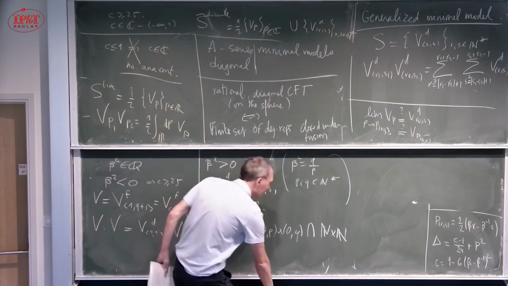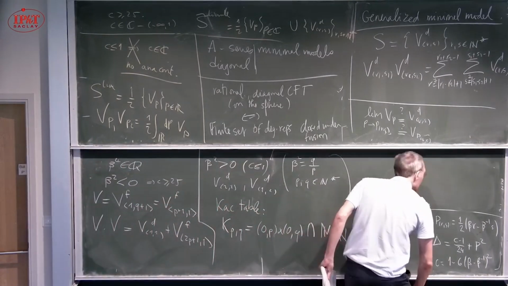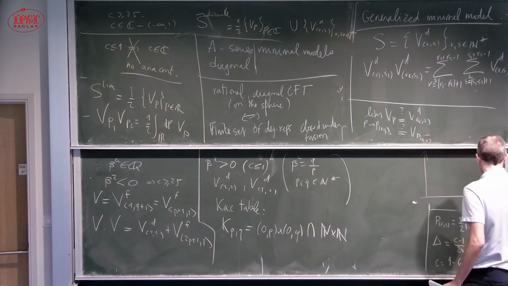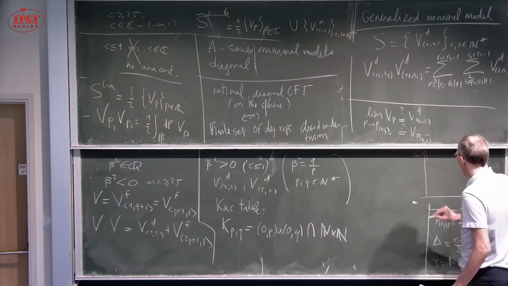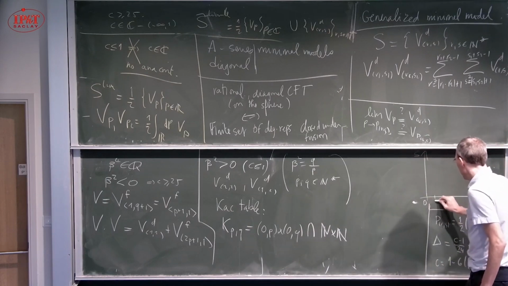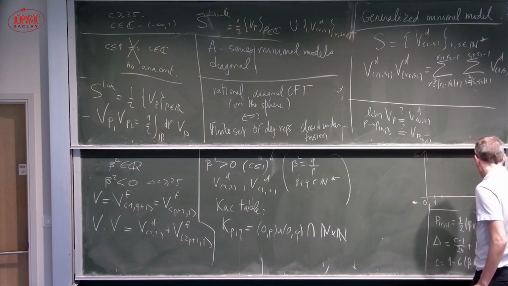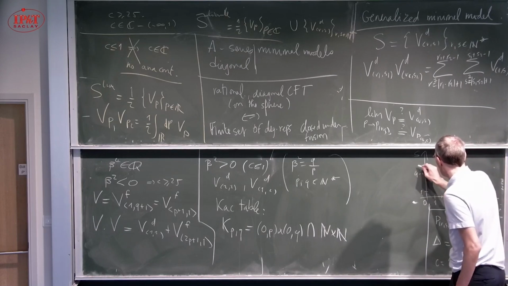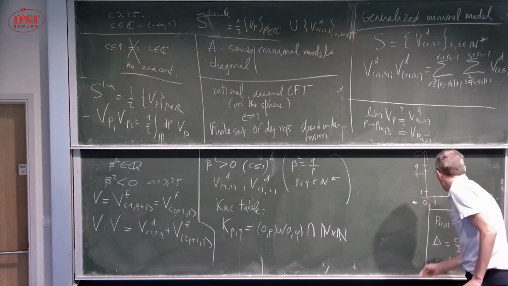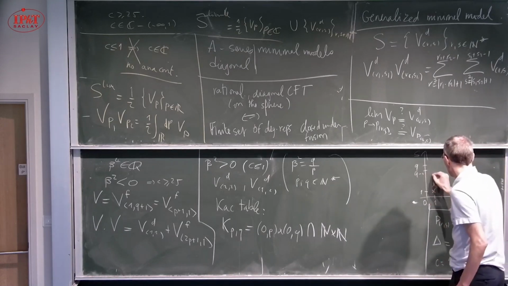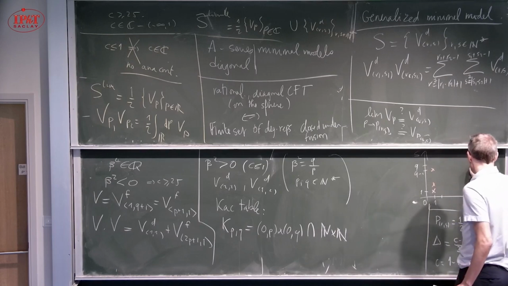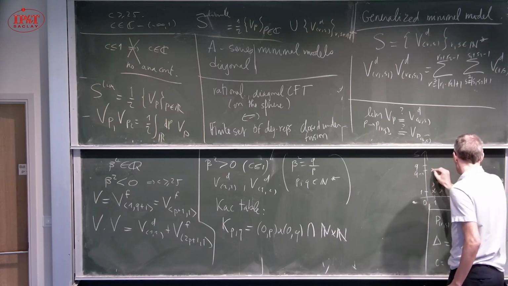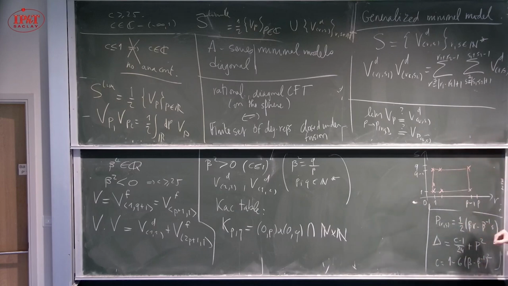Which means, in fact, the following. In the RS plane, I'm starting with 1 and stopping at P minus 1. Here I'm starting at 1 and stopping at Q minus 1. So the Kac table is the set of all these points with integral coordinates.